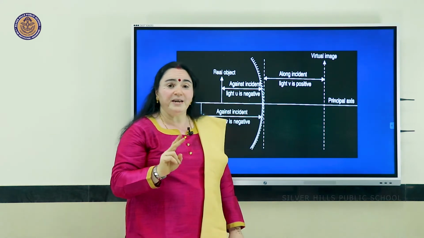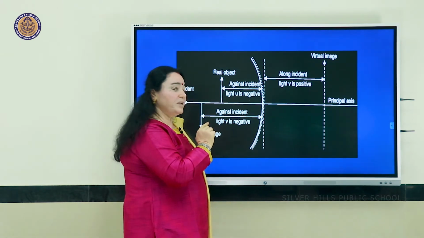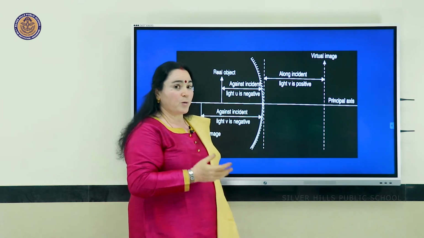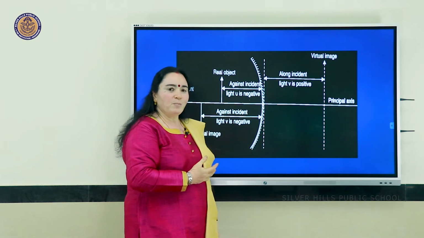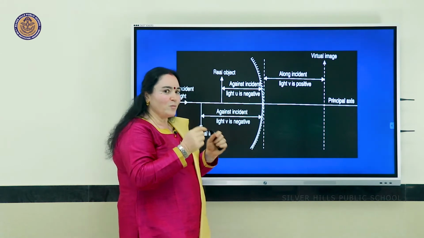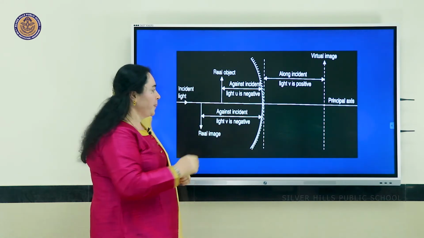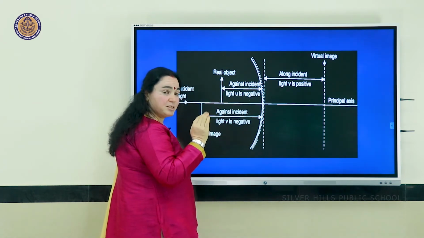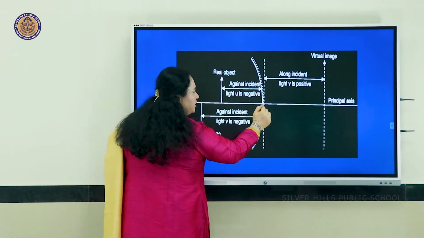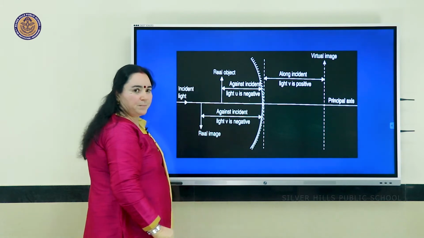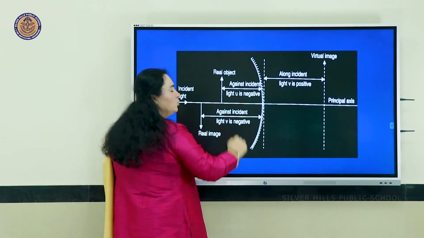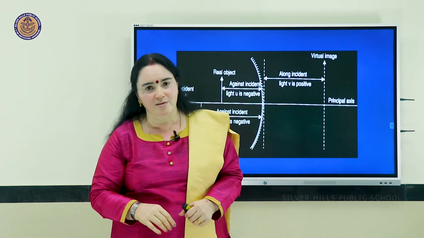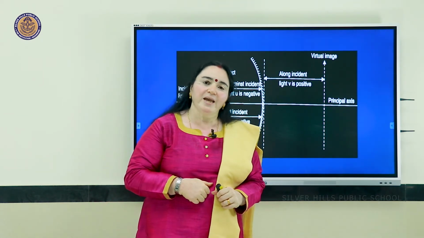And the second part says that all measurements taken in the direction of the light that is propagating are going to be taken as positive. So there is a small puzzle here. My light is traveling in this direction, which is taken as positive, but the measurement should be taken in the opposite direction. That means the value of object distance, for any kind of mirror, will be taken as a negative value.